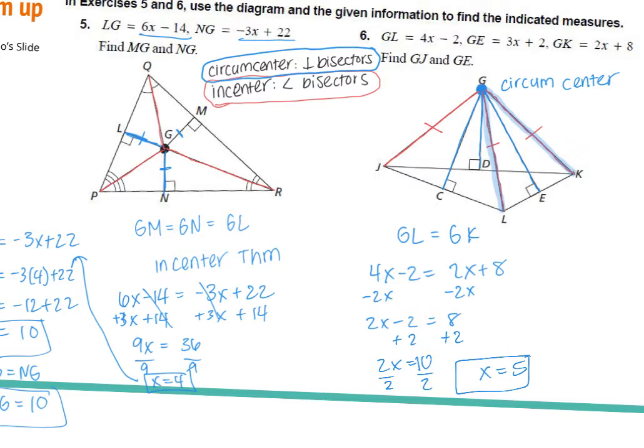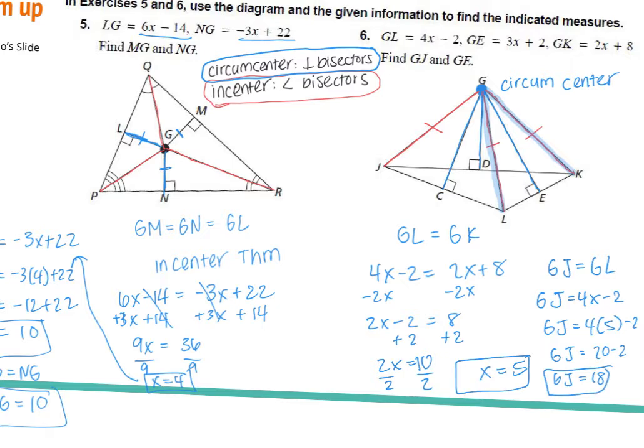GJ is just going to be equal to GL and GK. So GJ equals, let's use GL, 4x minus 2. GJ equals 4 times 5 minus 2, equals 20 minus 2. GJ equals 18. So we found GJ. Now we need to find GE.